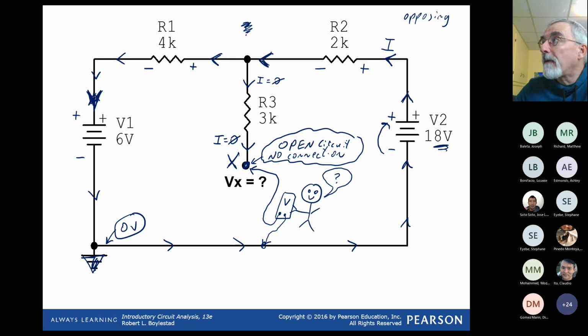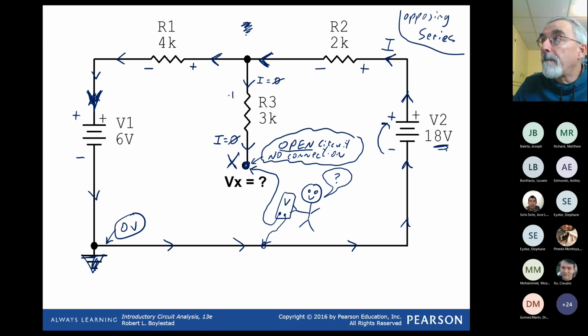Since it's the same current, this must be a series circuit. There are no parallel branches. At first, it looked like R3 might be a parallel branch of some sort because it branched off, but because it's an open circuit, there is no current flowing through it. Therefore, it does not have any impact on a circuit. It might as well not be there.